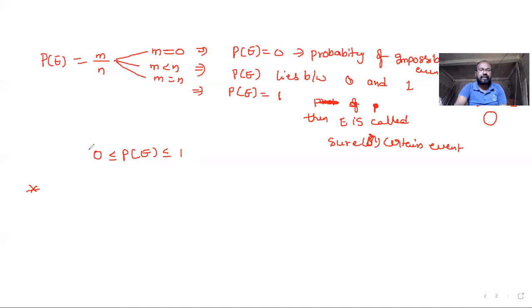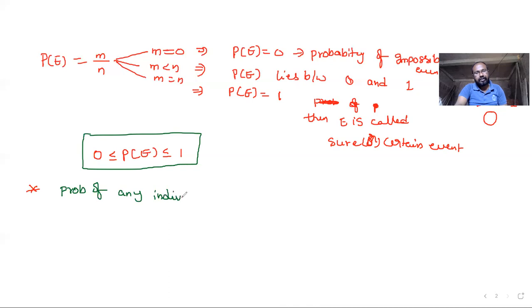This is one of the important inequalities: 0 less than or equal to P of E less than or equal to 1.